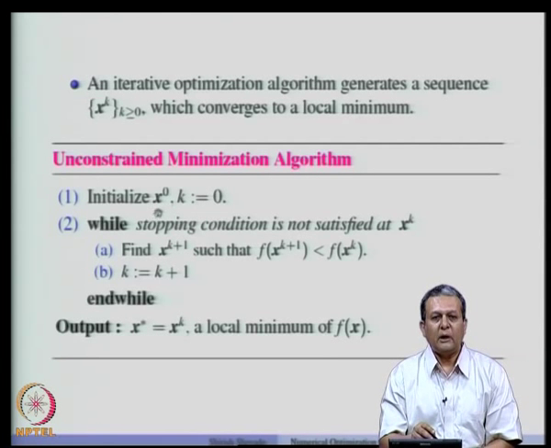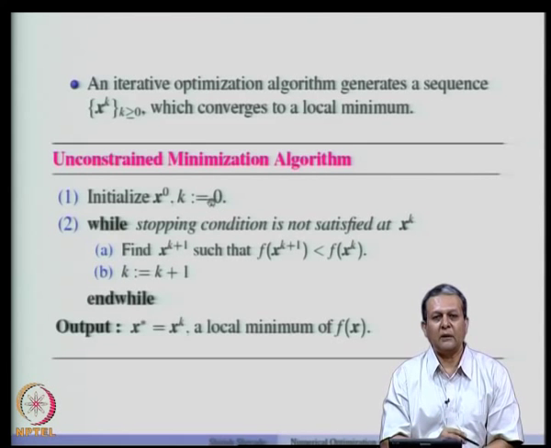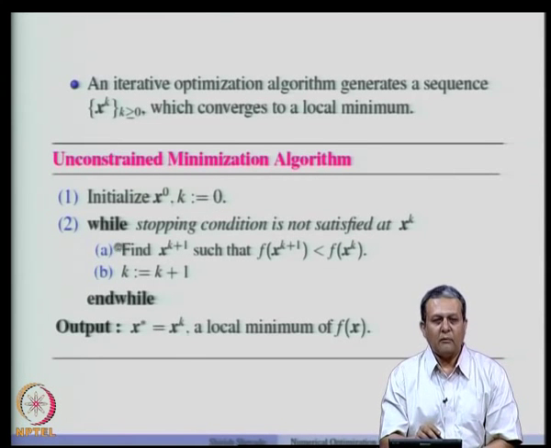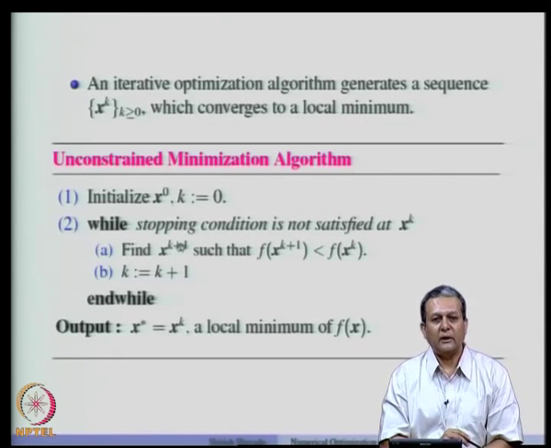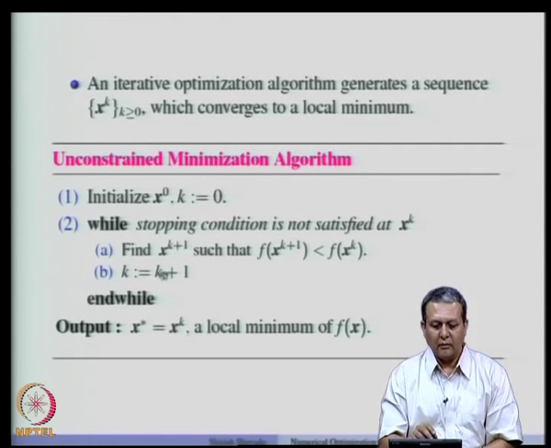The algorithm typically starts with some initial point x naught. The index k denotes the iteration number, so at every iteration this index is incremented by 1. The algorithm is very simple: while some stopping condition is not satisfied at xk, the algorithm finds a new point xk plus 1 such that the value of the function decreases, so the value of the function at xk plus 1 is less than the value of the function at xk.